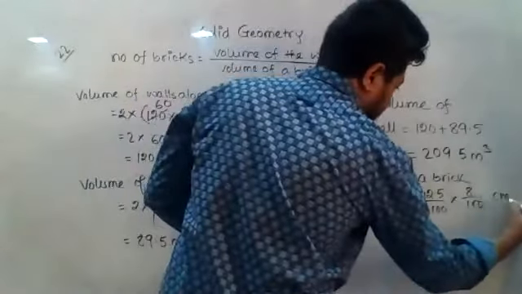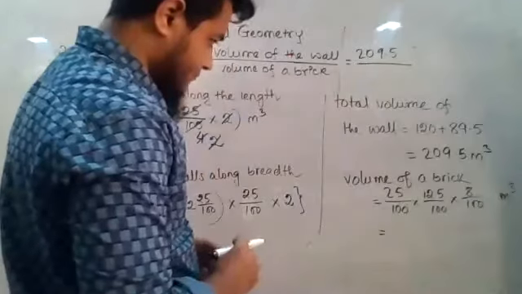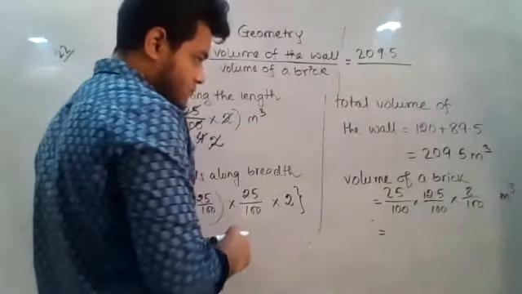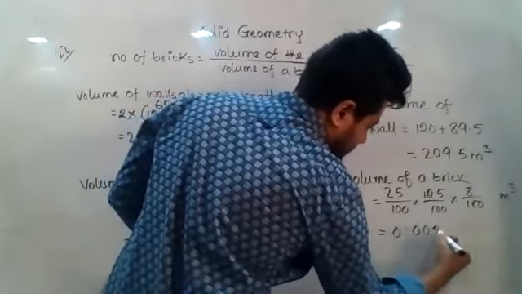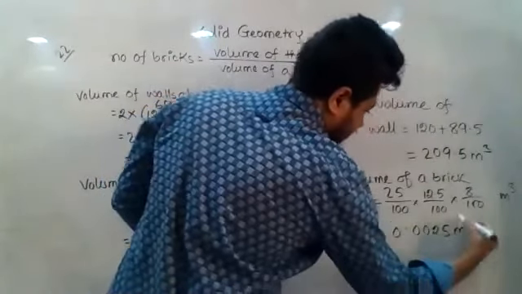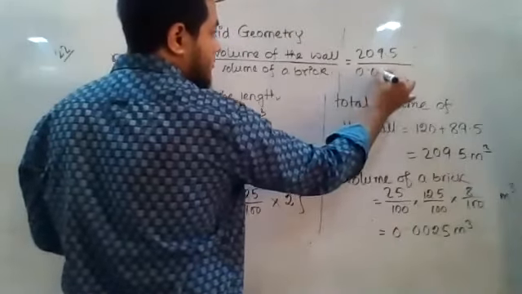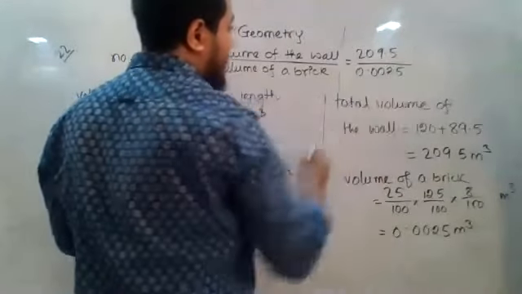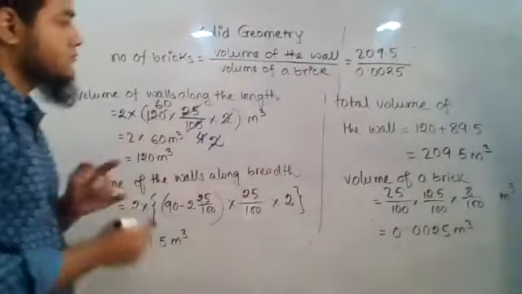So it will be, meter cube. So how much? 0.0025. This one. Okay, so we will put this value over there, 0.0025. So divide and see what is the answer.